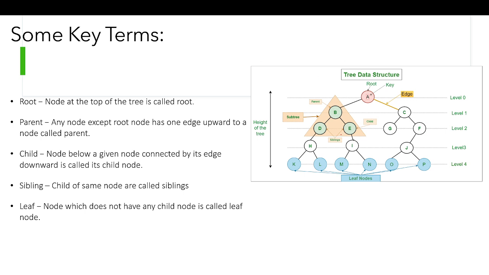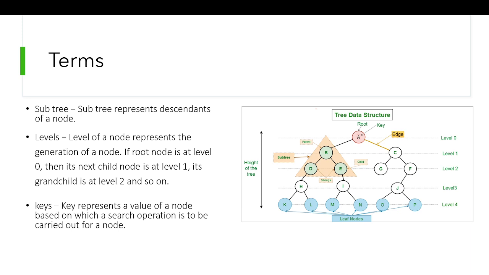So here we need to understand some more terms, that is, height of the tree. Subtree represents the descendants of the node. So as we can see here, BDE forms such a subtree. The levels of the node represent the generation of the node, as in our real life, where we have different generations.